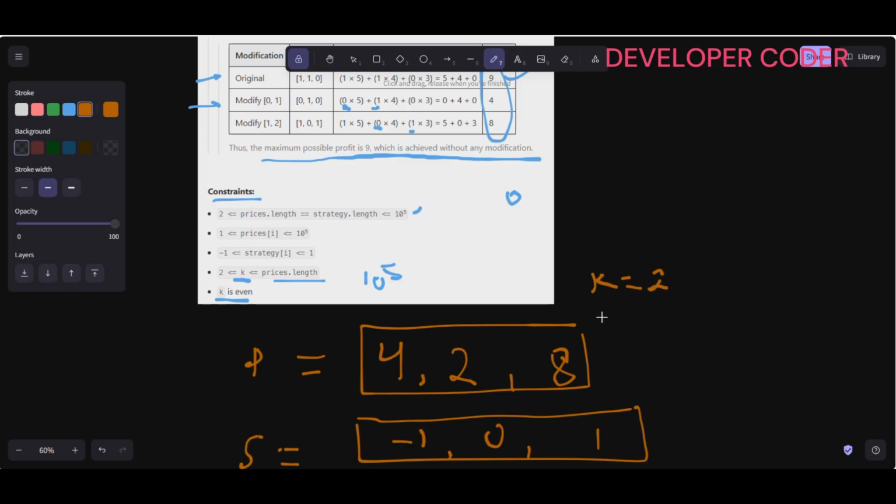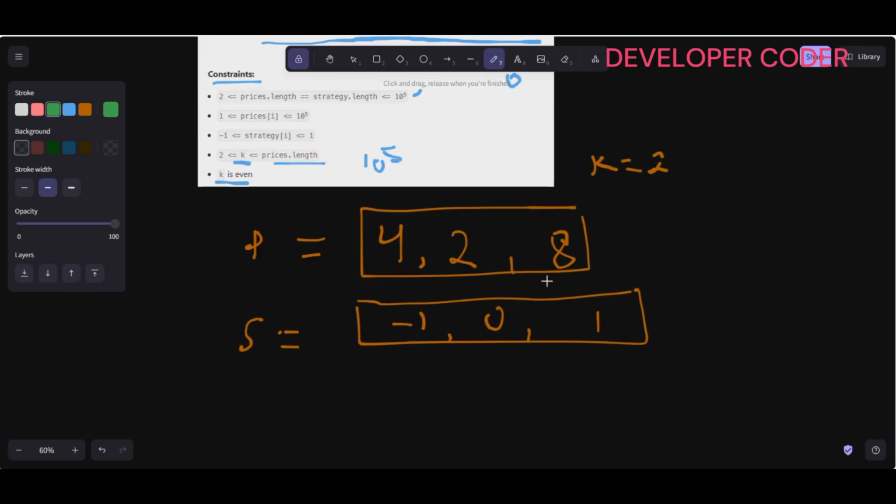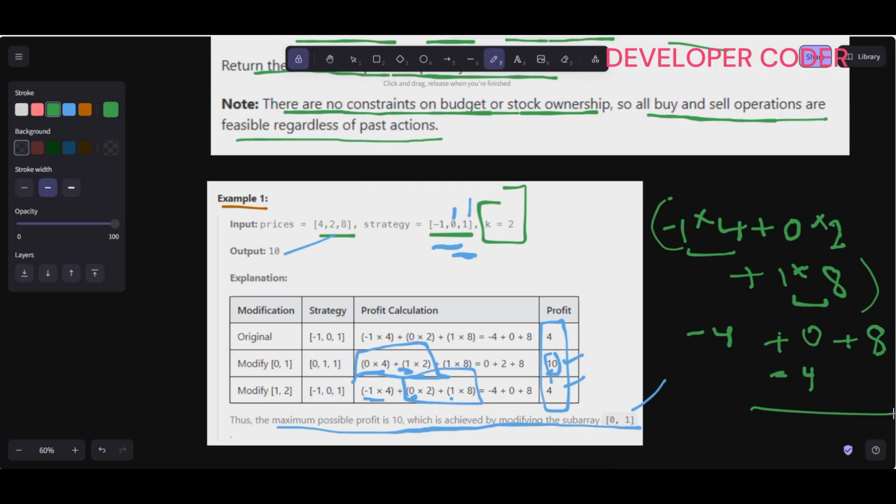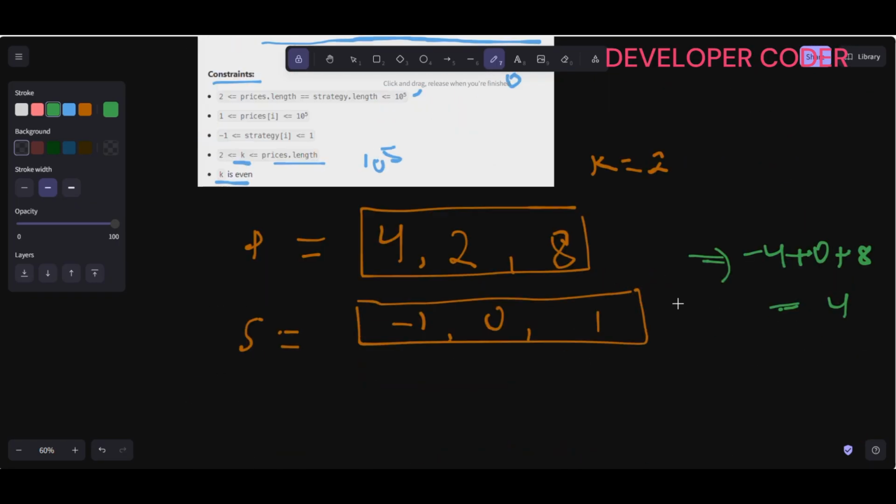Okay, so originally if I want to calculate the total profit, that is nothing but -1 into 4 plus 2 into 0 plus 8 into 1. That is nothing but -4 plus 0 plus 8, that is nothing but 4, right? So this is what we have calculated here, right? All right, so now after that, for modifications, we need to see the better version.